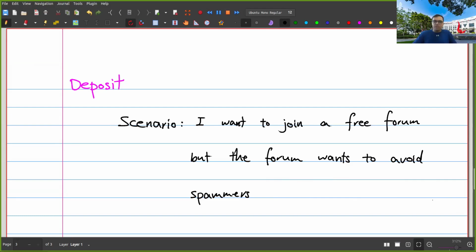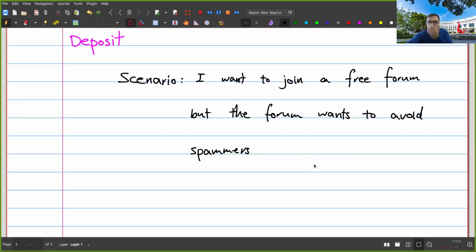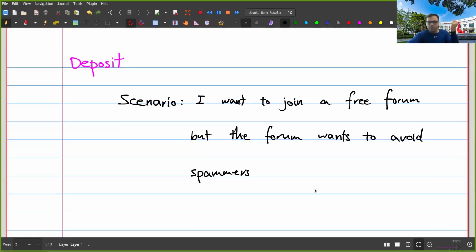But then the problem is, if it's free, someone might create thousands of accounts. And then, well, they might just spam, and I don't want that to happen. So there should be some sort of a limitation on how many accounts you can create, but I also don't want you to pay me. So the solution is to put a deposit.